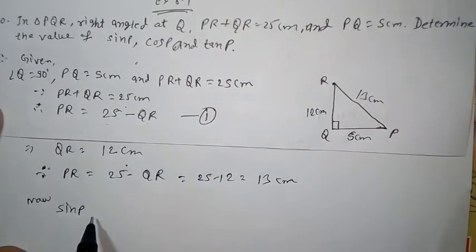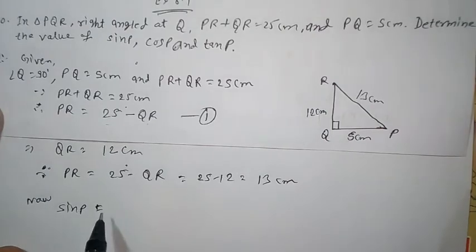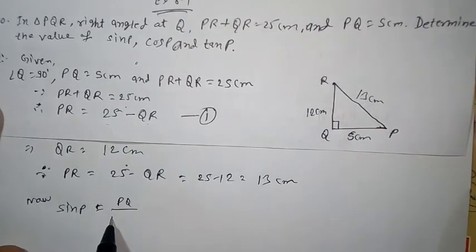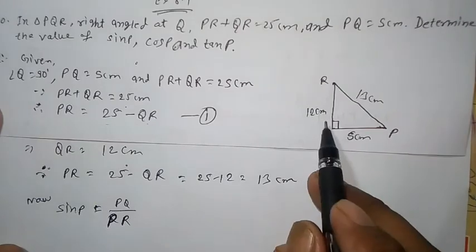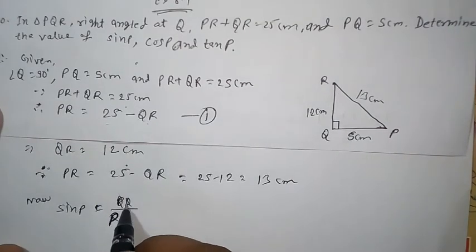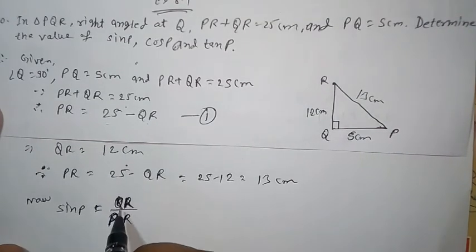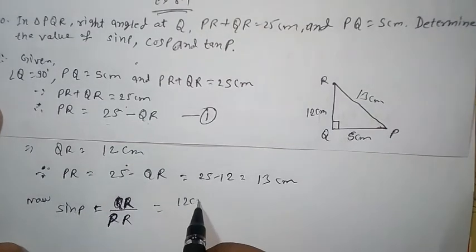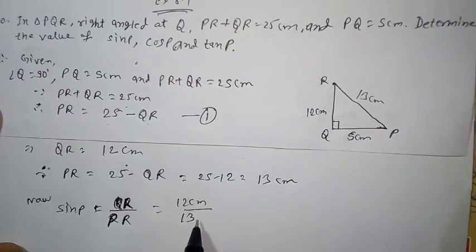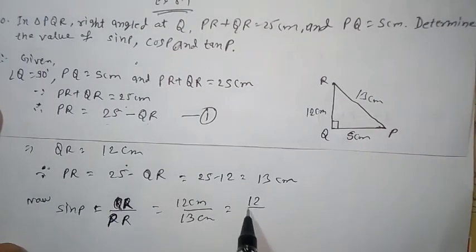So sin P is equal to perpendicular by hypotenuse, QR by PR. QR is equal to 12 centimeter and PR 13 centimeter, is equal to 12 by 13.